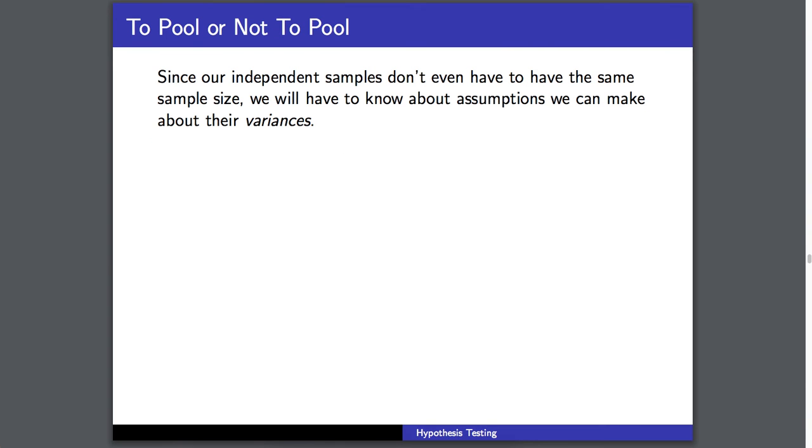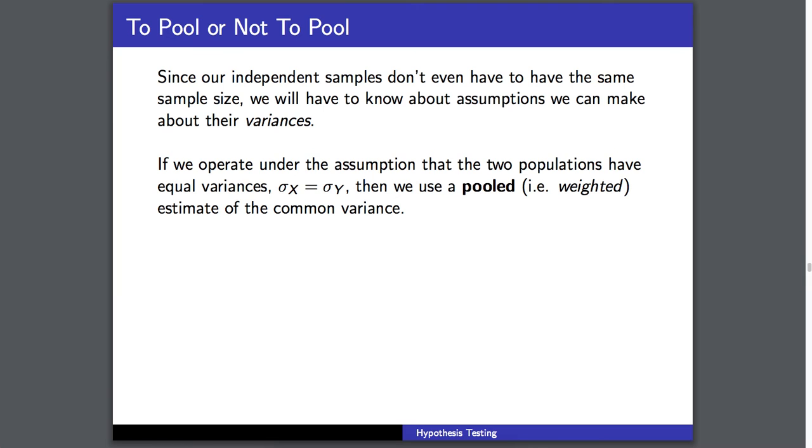They can, but it's not going to be an inherent requirement. So in this part for independent samples, there is the idea that's known as pooling. Since our independent samples don't have to have the same sample size, we have to know about the assumptions we can make about their variances. In other words, the squared spread of the population data for each data set.